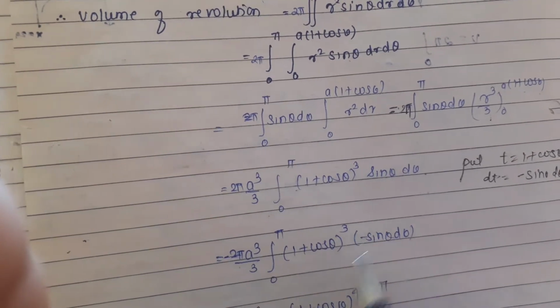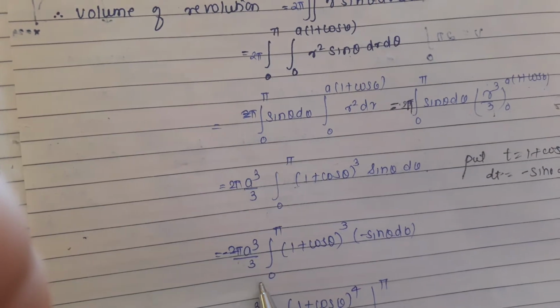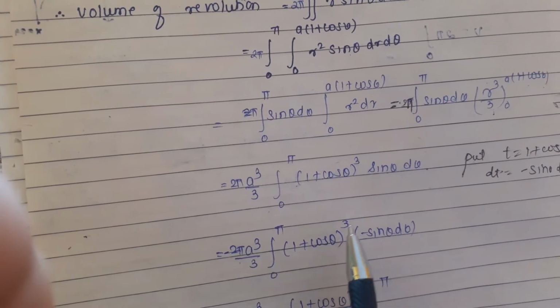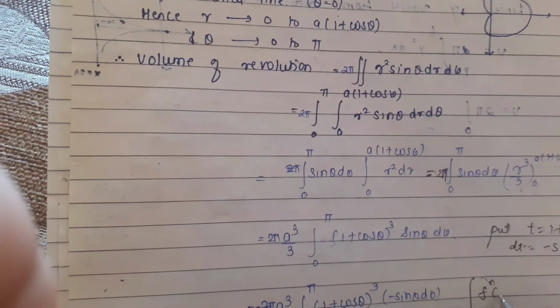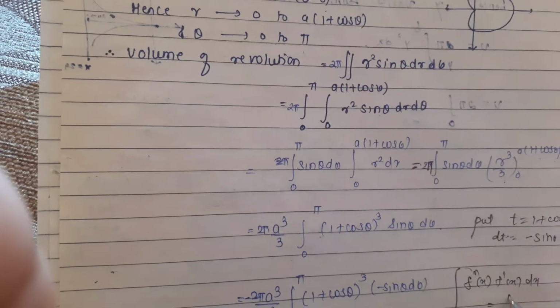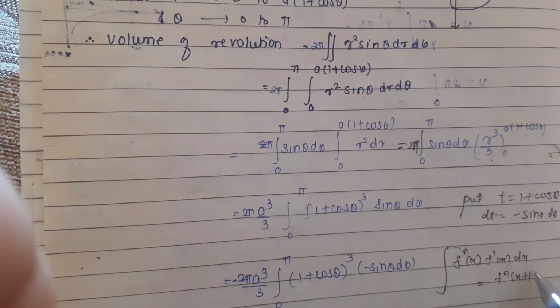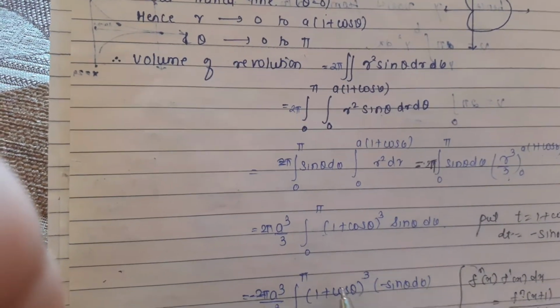Minus minus in general becomes positive, so it doesn't affect the equation. So minus 2 pi a cube upon 3, 0 to pi 1 plus cos theta cube into minus sine theta d theta. Now for a function of the form integration f(x) to the n into f dash x dx, its integration equals f(x) to the n plus 1 upon n plus 1. Here n equals 3 and f(x) means 1 plus cos theta.